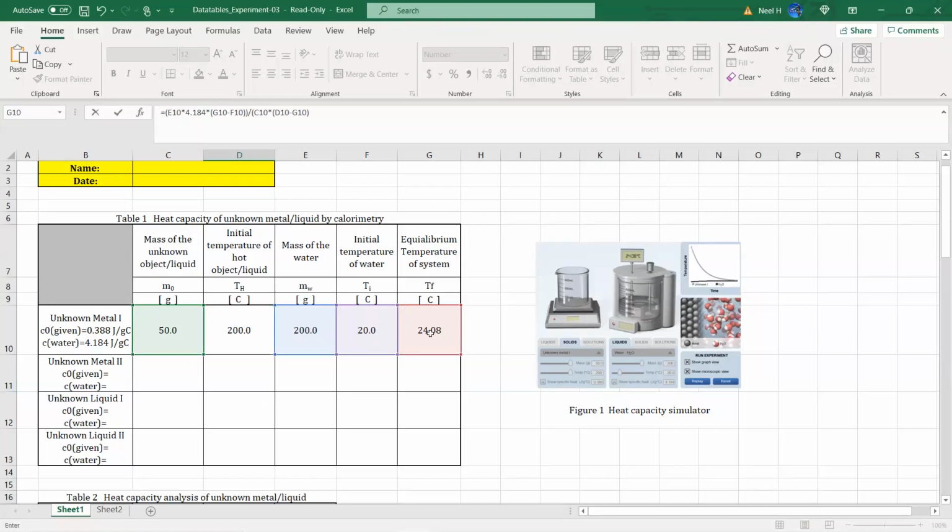And close bracket twice, then hit enter.